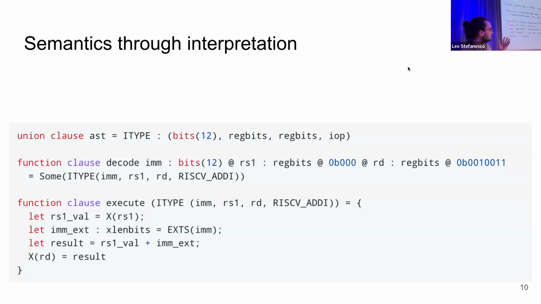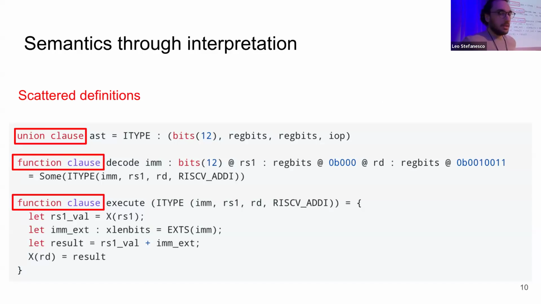So basically, this type of semantics is like a huge interpreter, which explains what happens when the program is executed. And it's a language with some special facilities to help write this strange type of program.